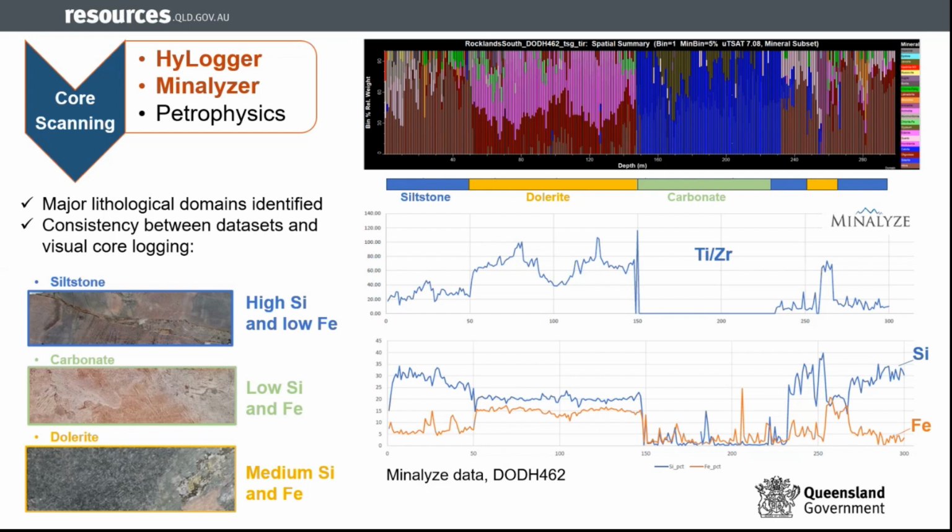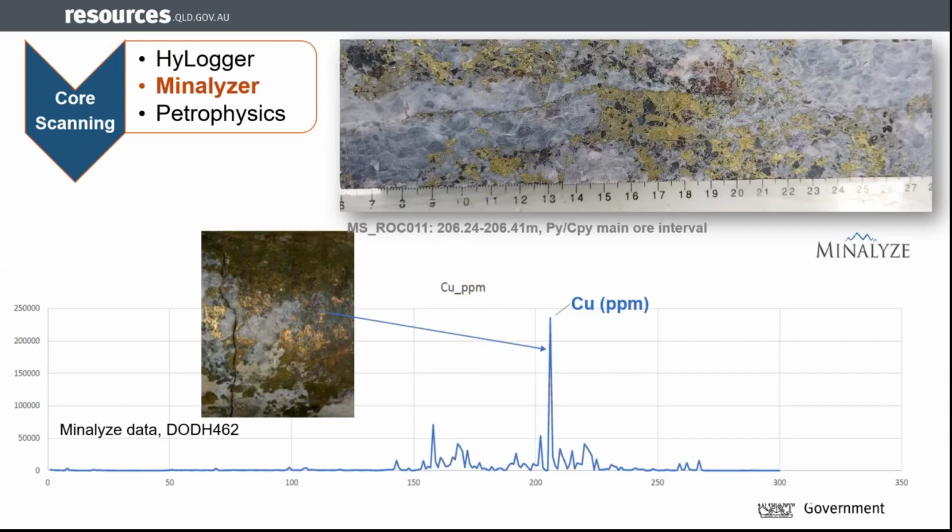And this is also consistent with our visual observation during the core logging. So you will see this interval of the dolomite, siltstone, and the carbonate zones during this afternoon.